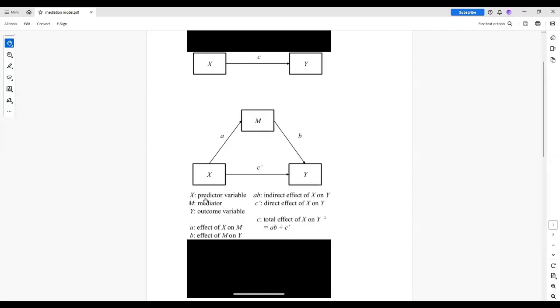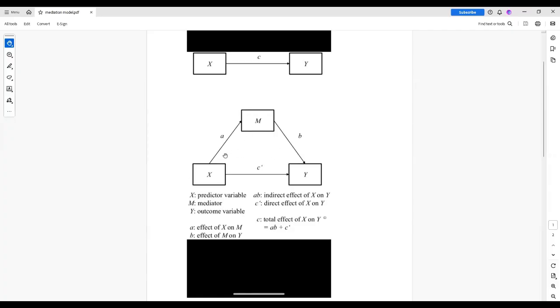So as you can see here, this is your IV, or independent variable. M is the mediator, and Y is your DV, or dependent variable. In some software, like SPSS, such terms are also used. So it's good that you know that Y is usually DV, X is usually IV.